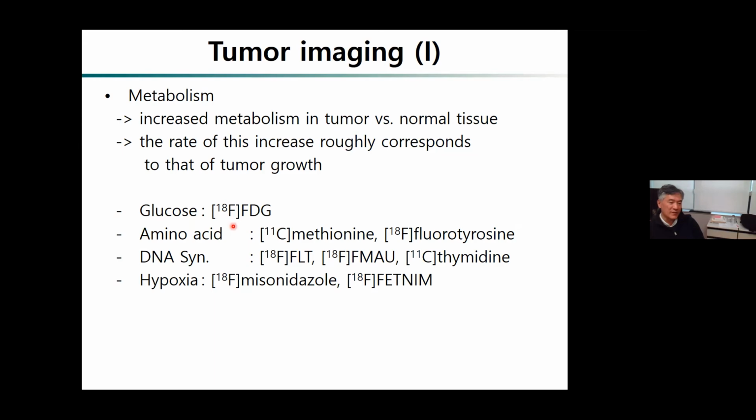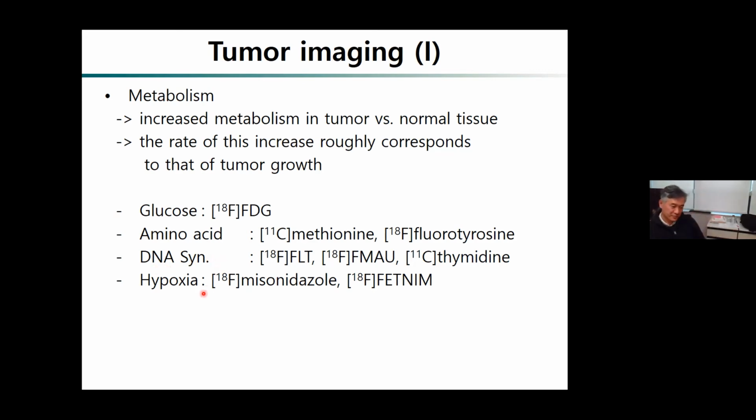Especially F18 FDG can be used for glucose metabolism, which is higher than in the normal tissue, and also amino acid for protein synthesis metabolism is increased in the tumor cell, and DNA synthesis.